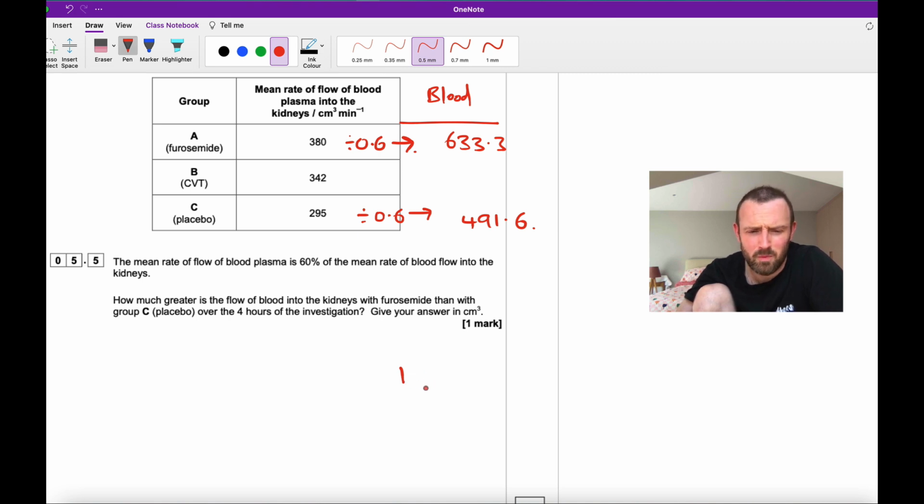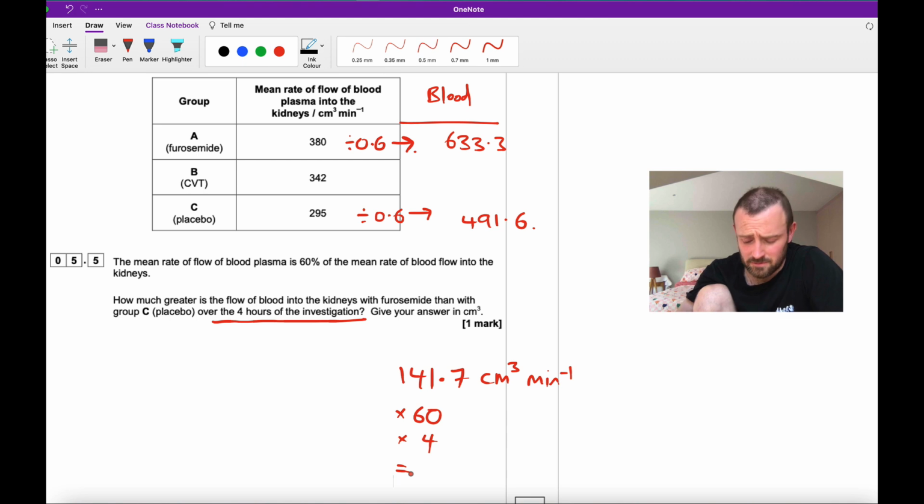This is hard for 1 mark. This is hard because that's 141.7. But what have I worked out? This is centimeters cubed per minute. So I need, and it says over the 4 hours of the investigation, so I need to times this by 60 and I need to times it by 4. That would be very easy to not see.